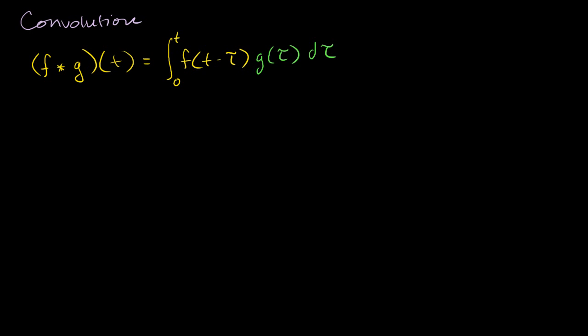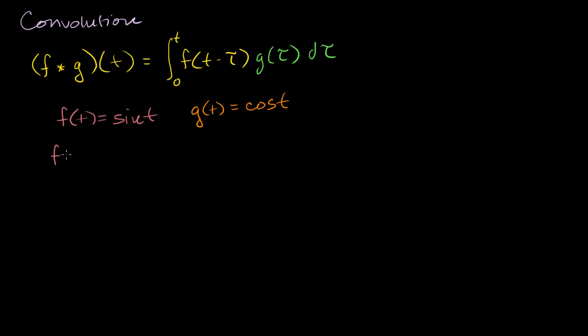But if I define f of t to be equal to the sine of t, and I define g of t to be equal to the cosine of t, now let's convolute the two functions.